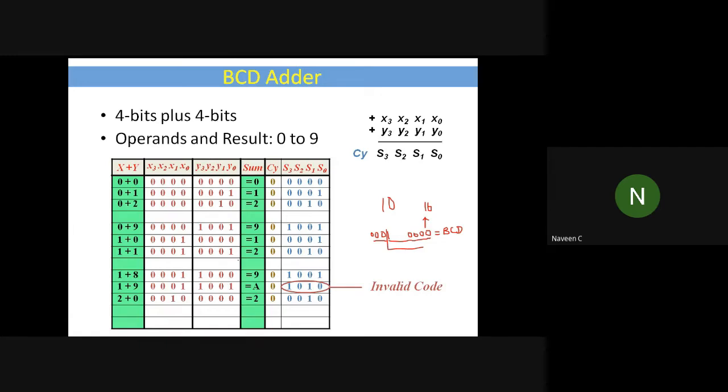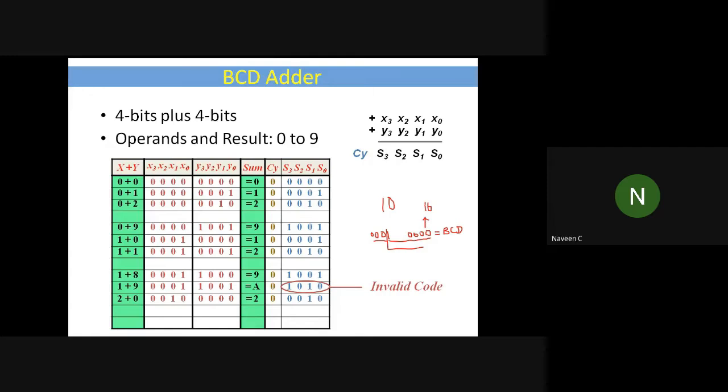Up to 9, the BCD and the binary number will be the same, no change. Once it is after 9, like 10, 11, 12 or any number, you have to represent it in this format only, and the equivalent will be the number you need to convert to BCD plus 6.